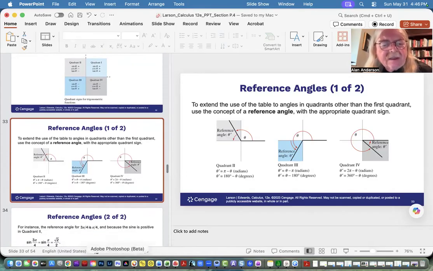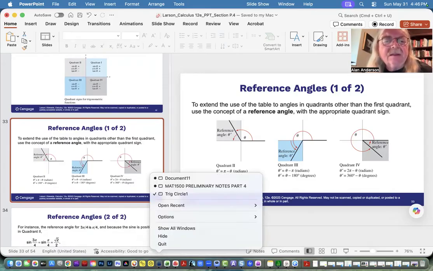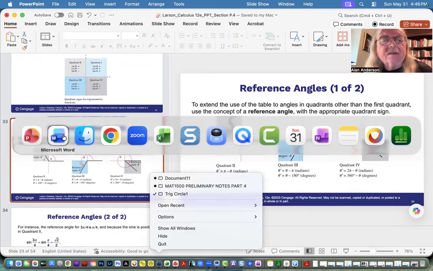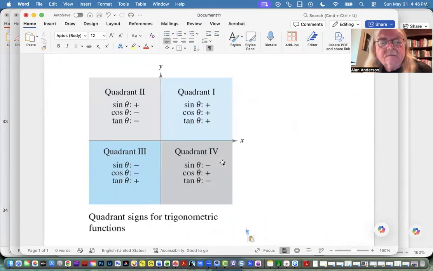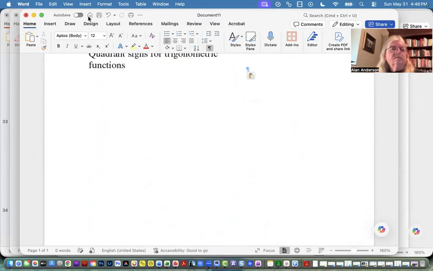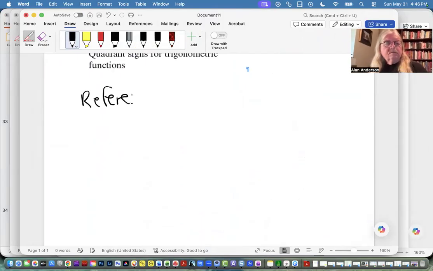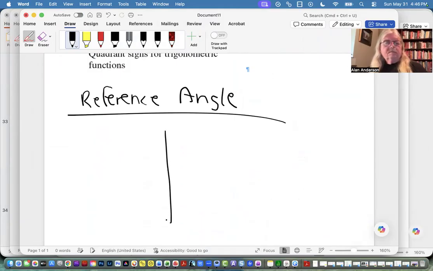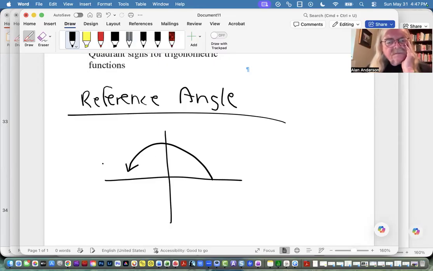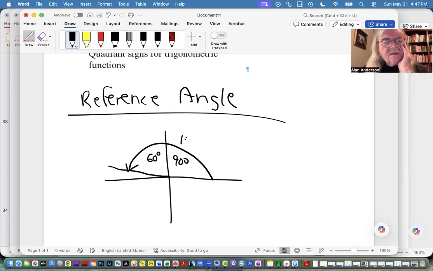What you're really doing is looking for this. Let's say that this is positive 150.